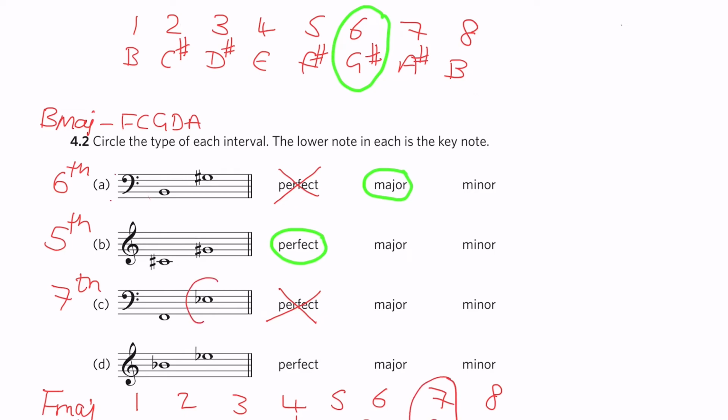Now this is where it gets interesting, because in our example we have an E flat, but in our scale of F major we have an E. So it clearly isn't major. So we can presume from this that the correct answer is going to be minor.